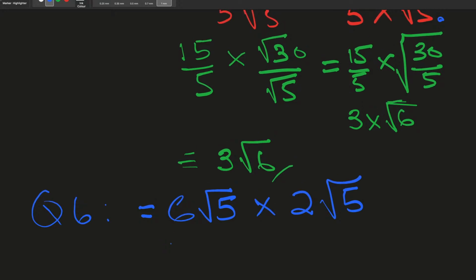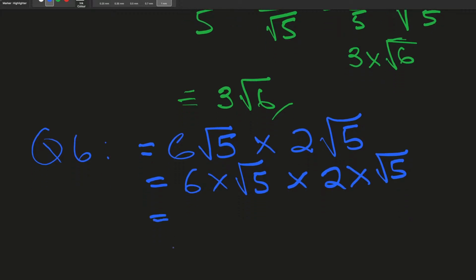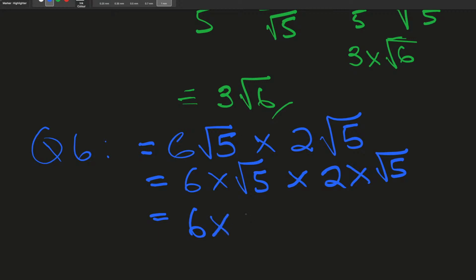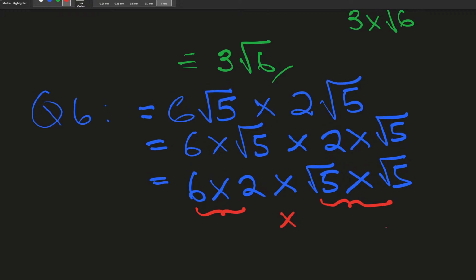When we expand it, we get 6 multiplying the square root of 5, multiplying 2 multiplying the square root of 5. So what do we do? We group the like terms. So we say 6 multiply 2, and root 5 times root 5. We know 6 times 2 will be 12.